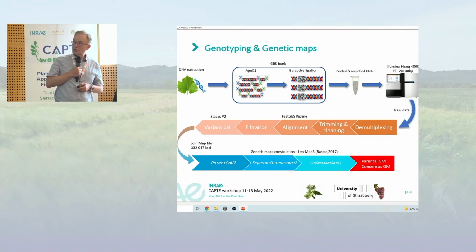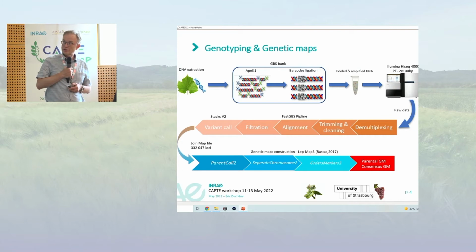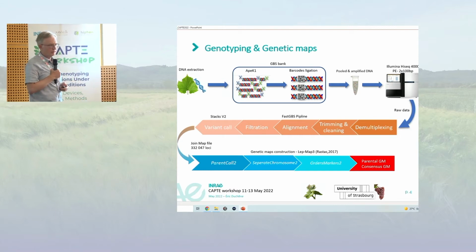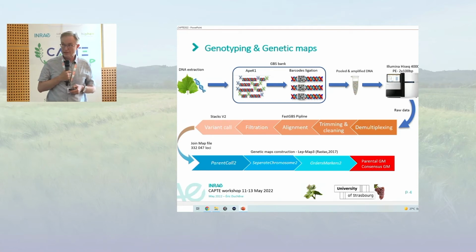And we pool together 96 genotypes in the same tube. For the whole population, we sent three tubes to a sequencing platform, and we have 3 FASTQ files, not FASTA, but text files, in fact.